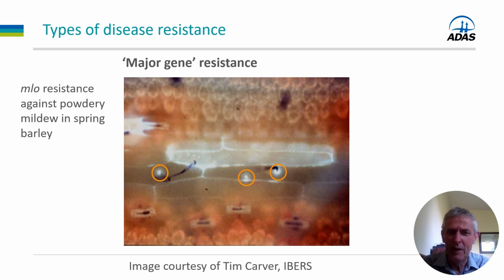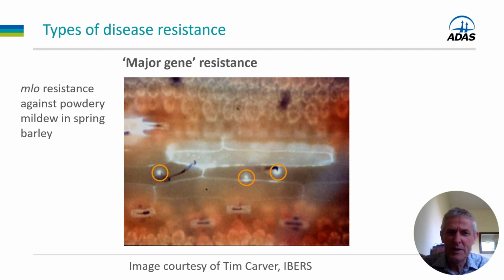And by the cell dying, it also causes the infection to die out, because biotrophs rely on having a living cell to be able to live themselves. Now, MLO is an unusual case because it's proved to be durable and has continued to be effective for decades.